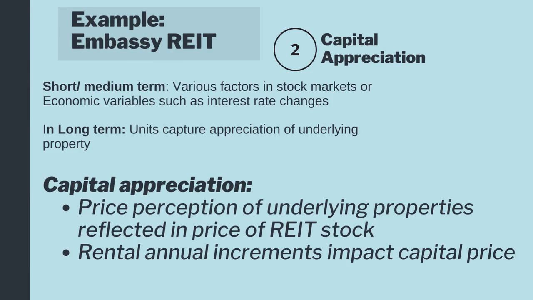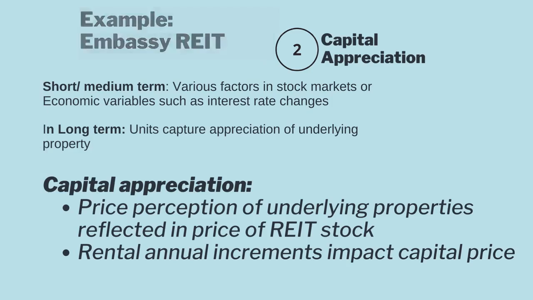This means that if you have properties rising over a period of time, which they do normally, then the unit price keeps increasing. Also, additionally, the rentals also increase, and therefore the price of the commercial property increases to match up with the rental. So it's a 2-in-1 effect in this case.